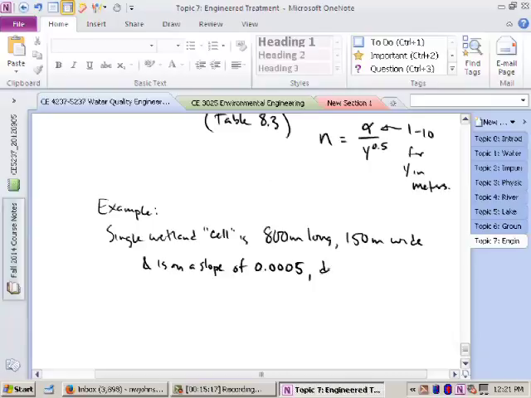For a densely vegetated system, that means alpha is equal to, just call it 10.